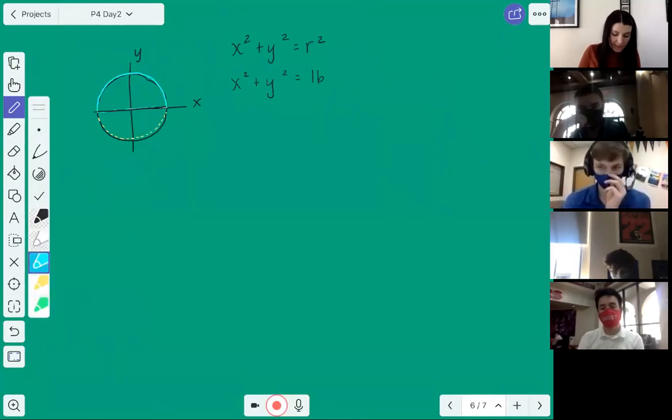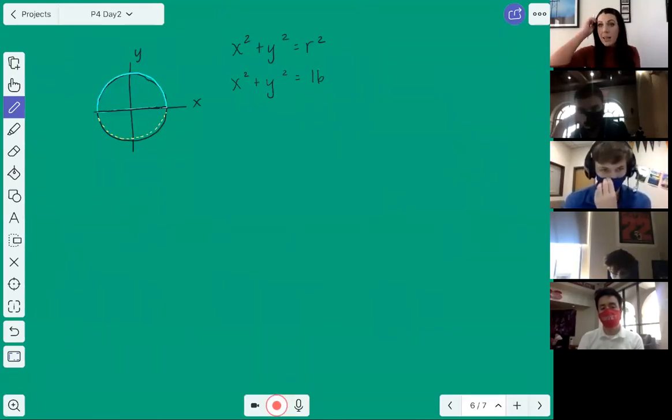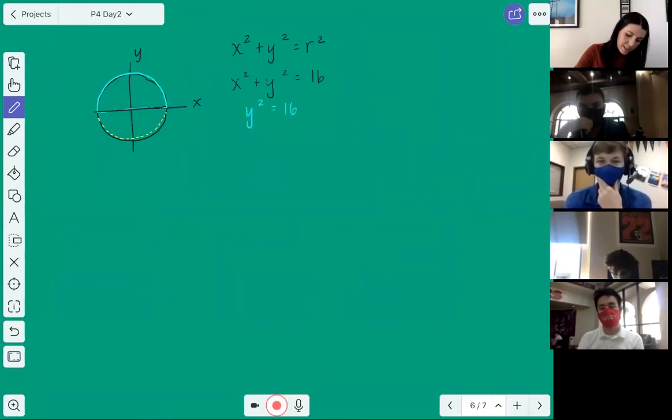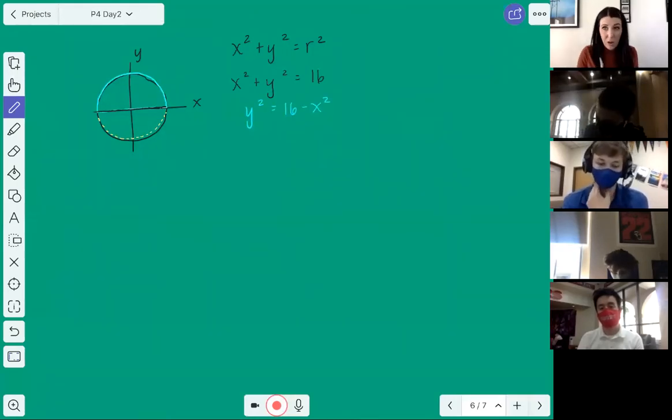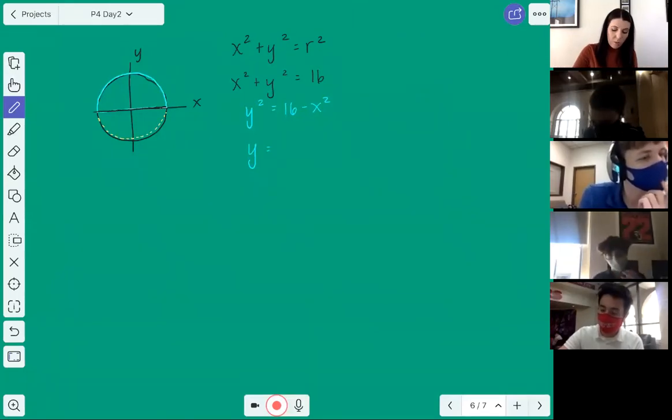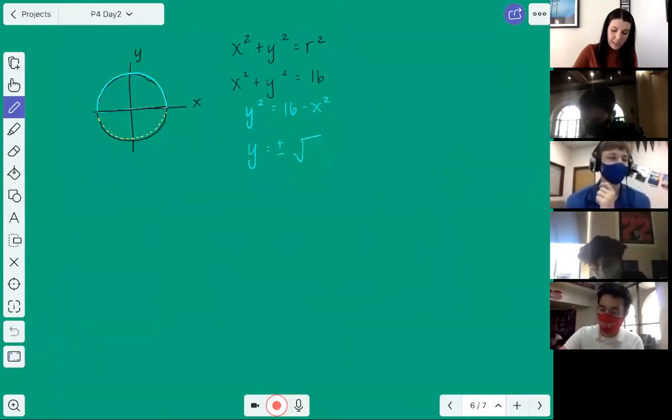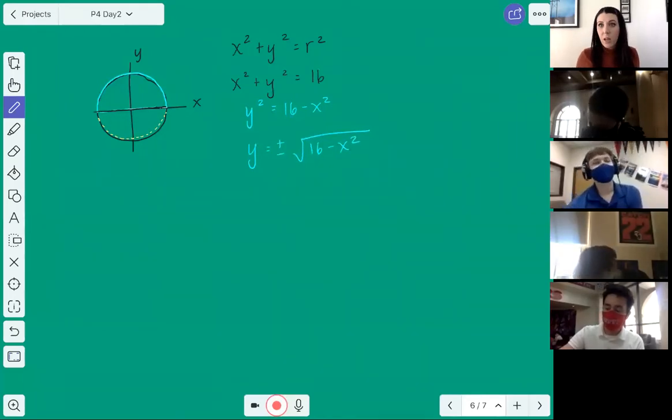And so now that it's a function, I can isolate the y. To isolate y, I would get y squared equals 16 minus x squared. You should write this down, all of this part. Now, when I take a square root, if I'm the one that takes the square root, we get a plus or a minus here. So I would get plus or minus the square root of 16 minus x squared.